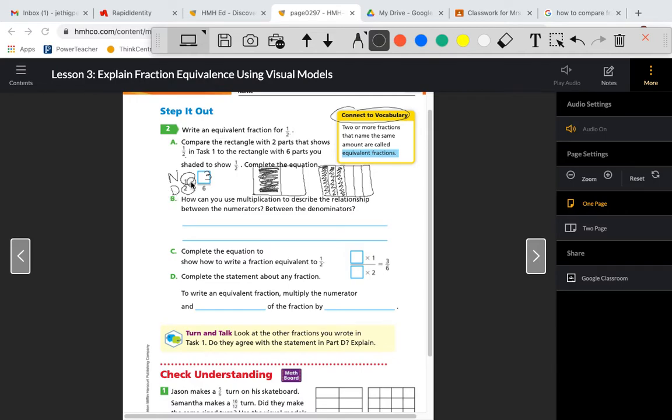We have a 1 and we have 3. So some ways that we can use multiplication to think about that is we can say there's 3 times as many as 1 in the numerator.